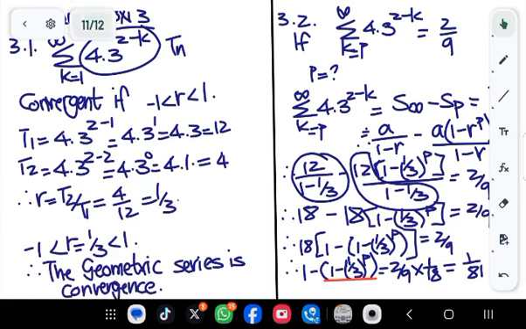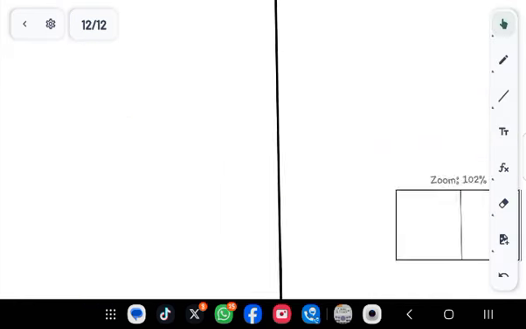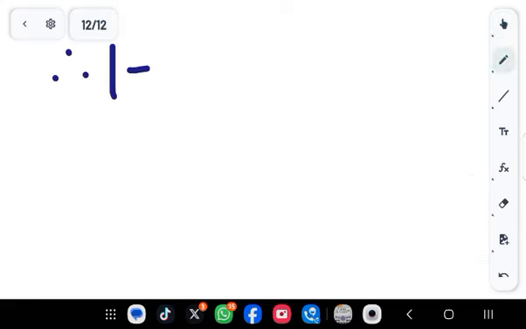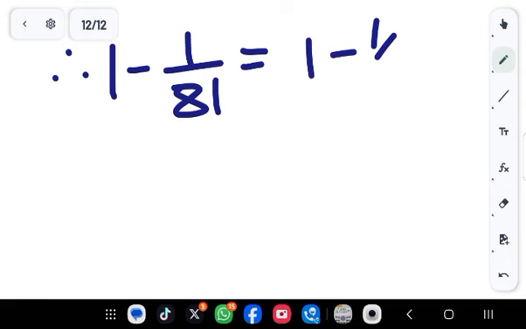Therefore 1 minus 1 over 81 equals positive 1 minus a third all to the power of p.